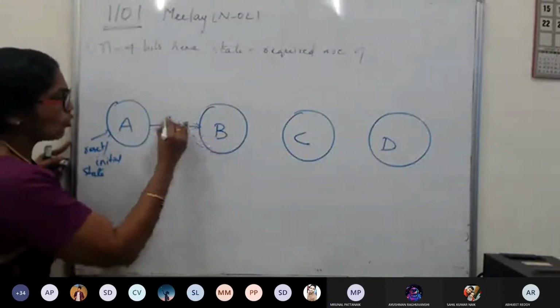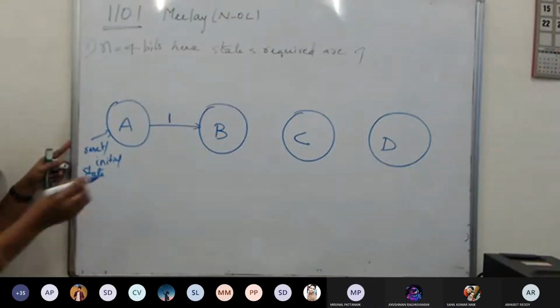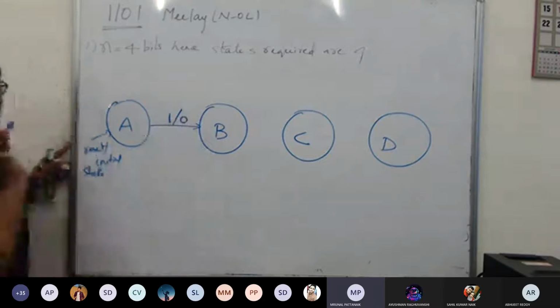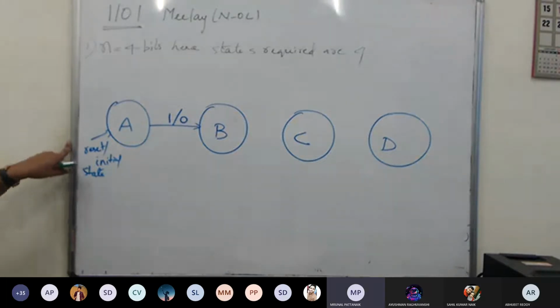So from A to B it will go if 1 comes, with the output 0, because the sequence is a 4-bit sequence. With a single bit we cannot decide.